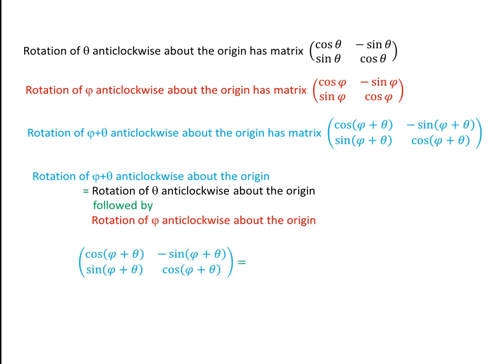So we've got that the matrix for the rotation of phi plus theta anticlockwise about the origin must be the same as the matrix for the rotation of theta anticlockwise about the origin pre-multiplied by the matrix for rotation of phi anticlockwise about the origin.